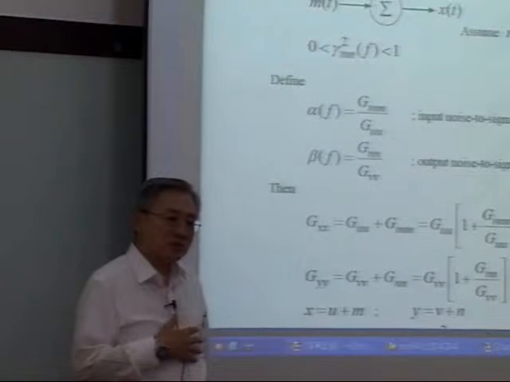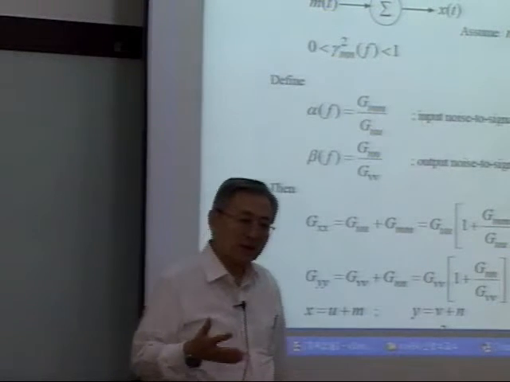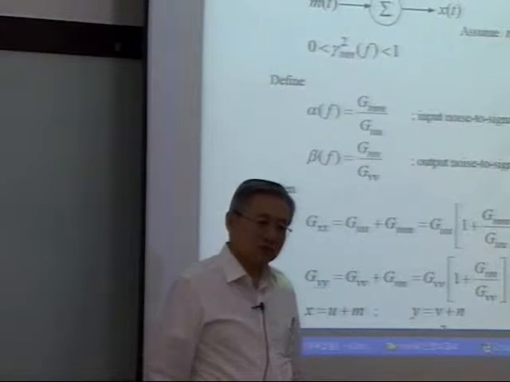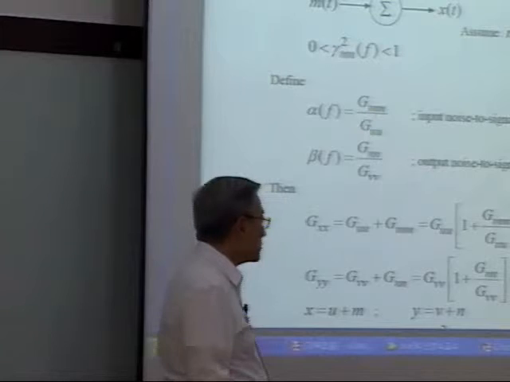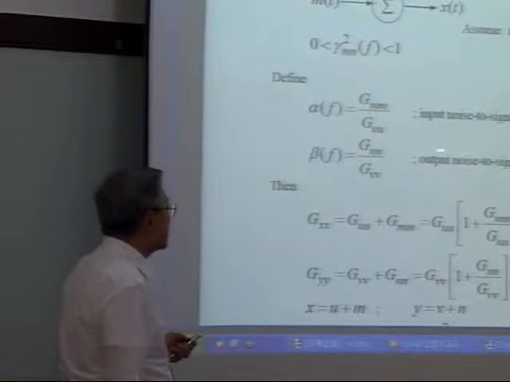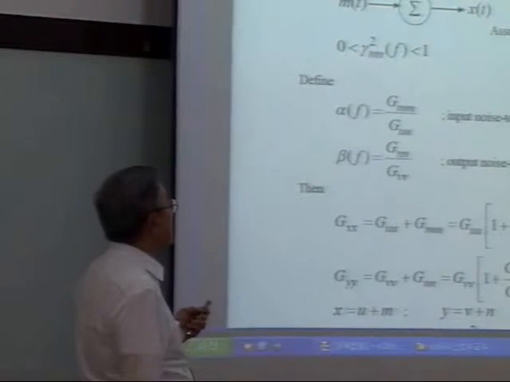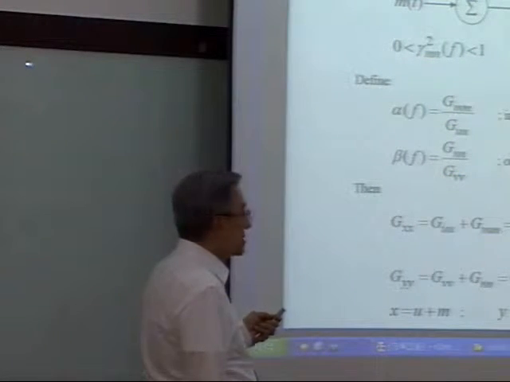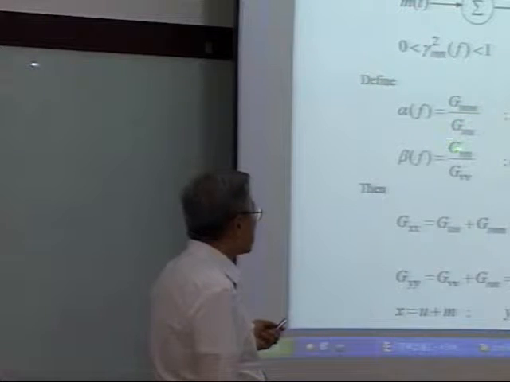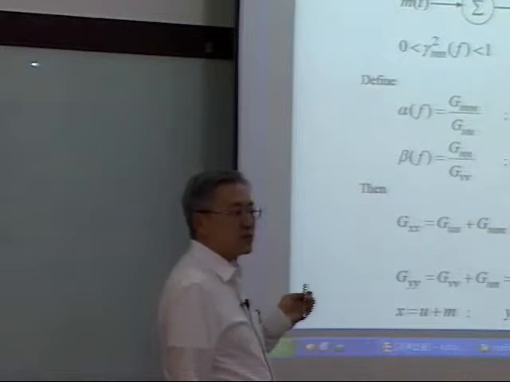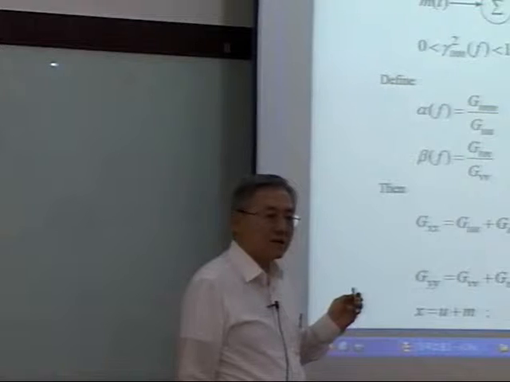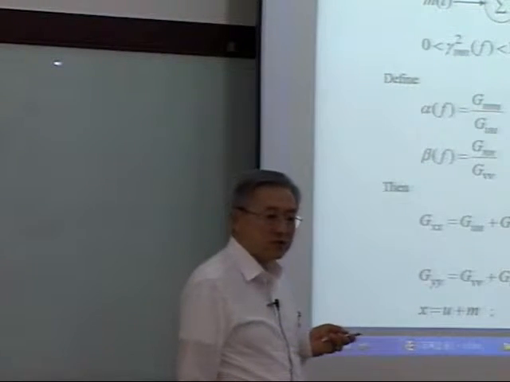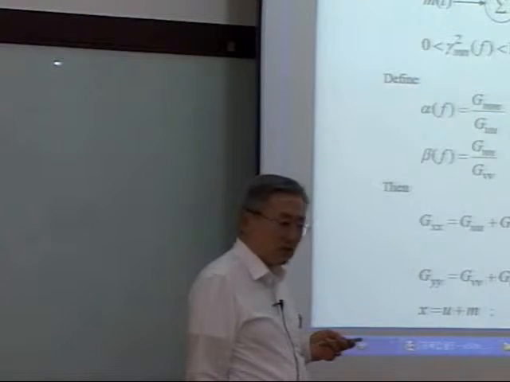We have noise in the input side. We have noise in the output side. So of course, input noise to signal ratio and output noise to signal ratio. UU is the pure one, right? UU, and VV is on the output side, input noise, output noise. I just defined them as alpha and beta. Of course, this is a function of frequency.